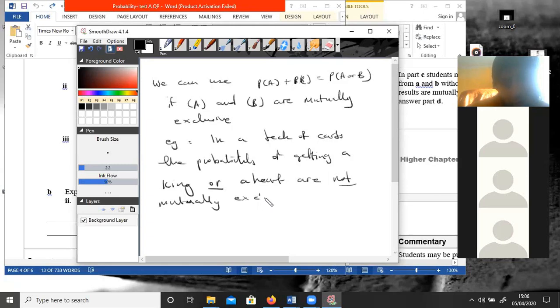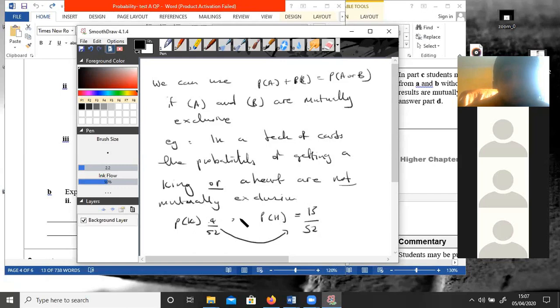Why? Because the probability of getting a king is 4 out of 52. The probability of getting a heart is, like you said, 13 out of 52. So probability of A or B, one of these exists in there. So because there's a king in here as well, these two are not mutually exclusive with each other.